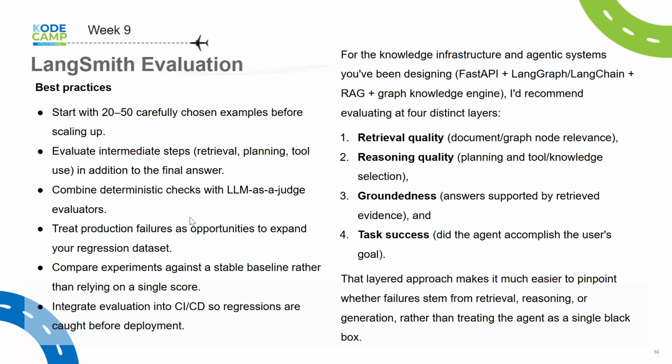Then treat production failures as an opportunity to expand your regression data set. So if there's a failure in production, collect that data immediately and add it to your golden data set. This is just like regression testing in normal software test-driven development.